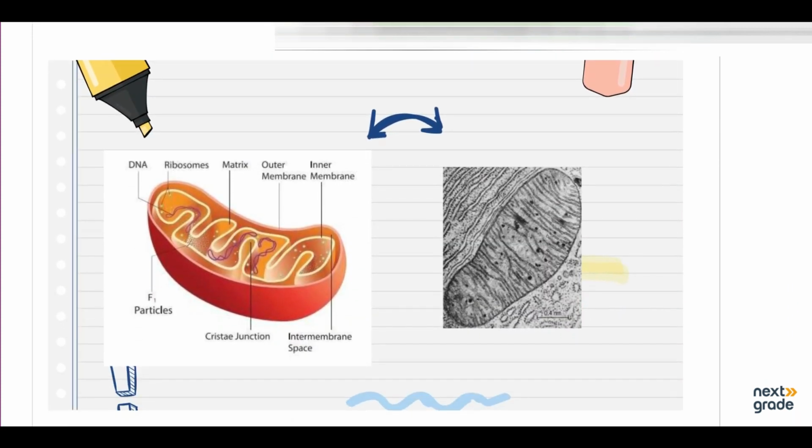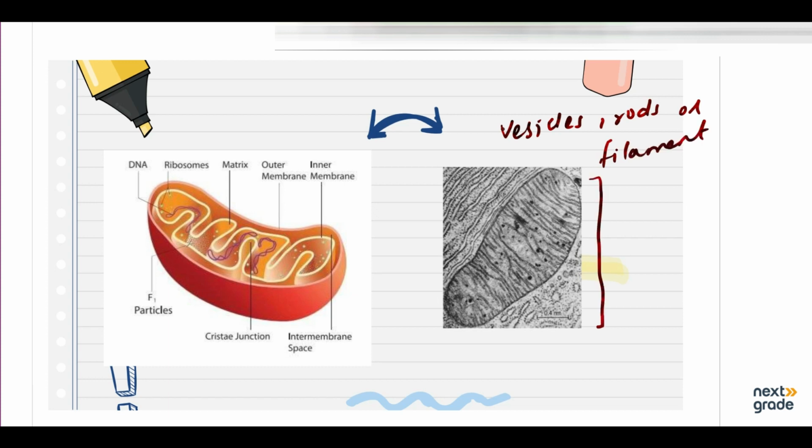Under a compound microscope, they appear to be vesicles, rods, or filaments. As you can see in this picture, this is the microscopic view of mitochondria, and the lines look like vesicles or rods or some sort of filaments.